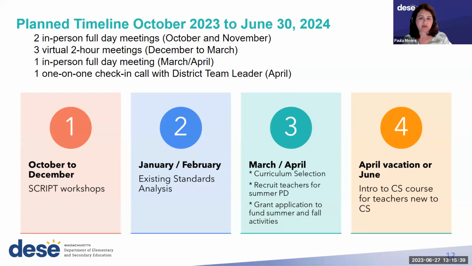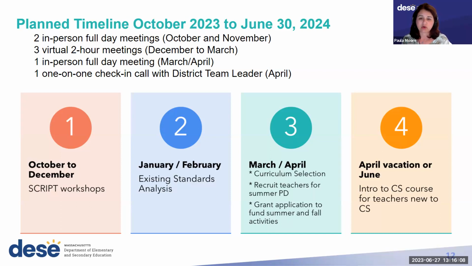So for this time frame from October this year until June 30th, we will have 2 in-person full-day meetings in October and November to really help you go through something called Script, which is from CS for All. That helps you look at where you are in your district and where you want to be and help you set your vision.